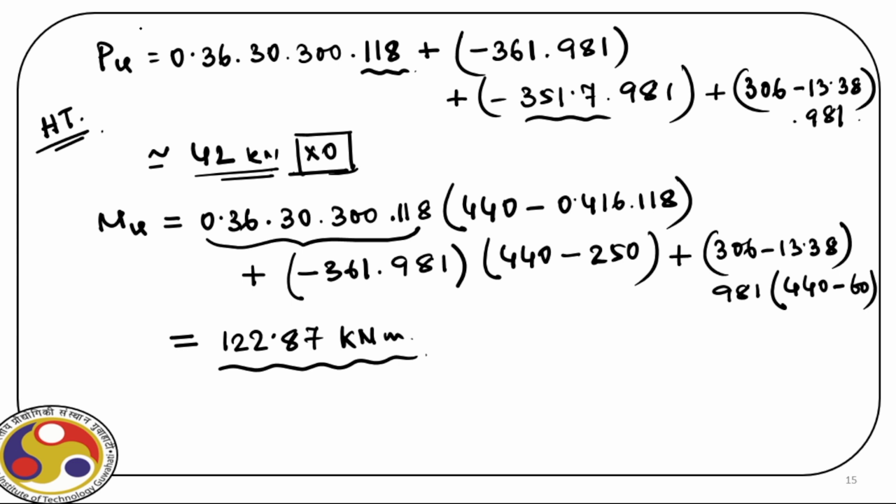So with this example, you see how to solve the capacity for a column which is under axial compression and uniaxial bending. We'll have some more examples given in your exercise. So you just solve them. If you have any difficulty, do let us know and we will help you out.